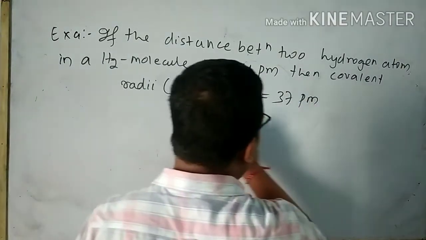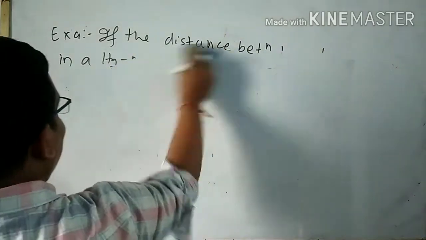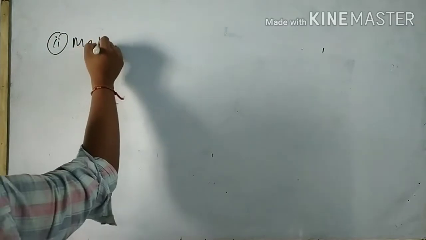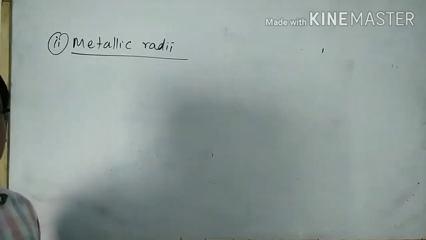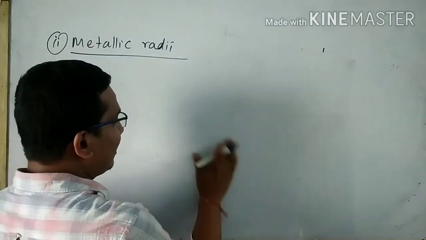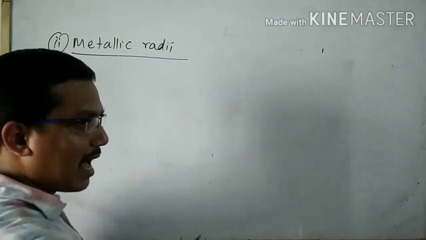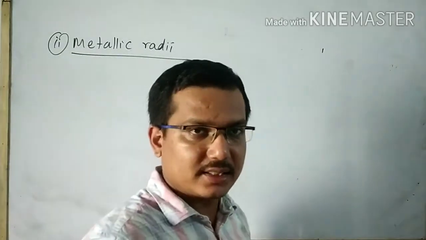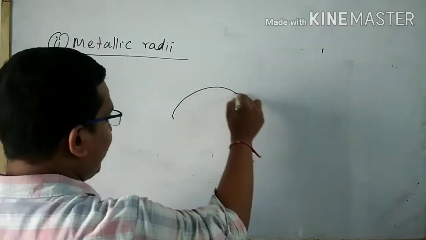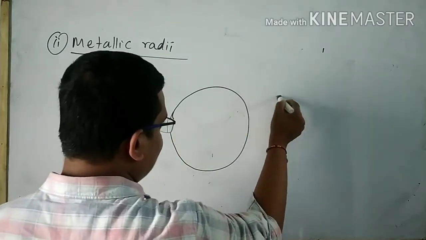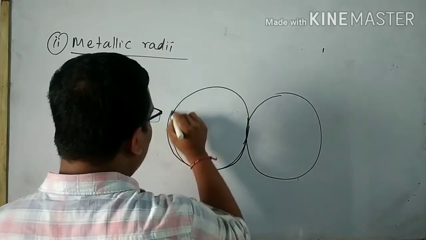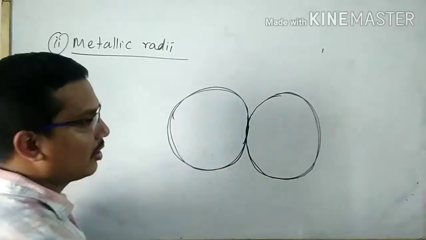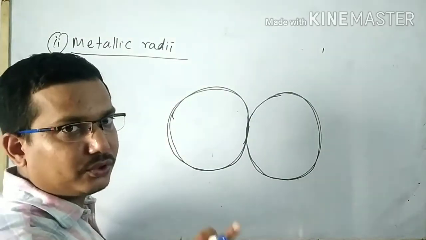Next I will discuss the metallic radii. Second is your metallic radii. Suppose we take a metal crystal. In a metal crystal, a large number of metal atoms are present. Suppose we take two metal atoms. Remember, these two atoms do not form a covalent bond. They are just touching each other.